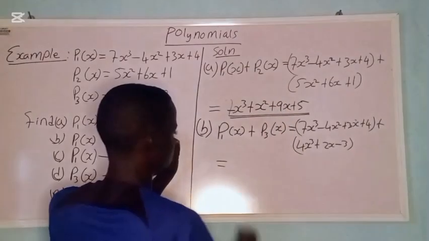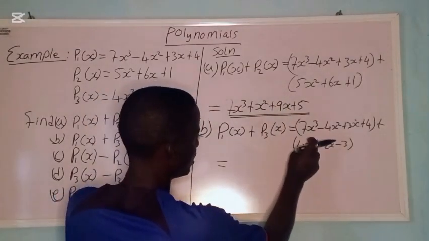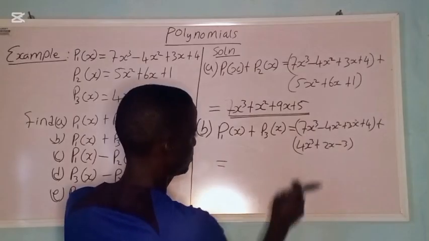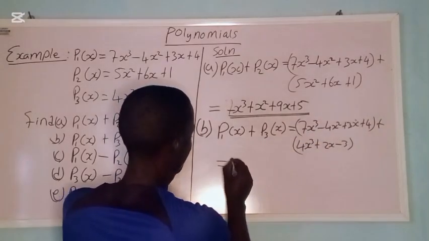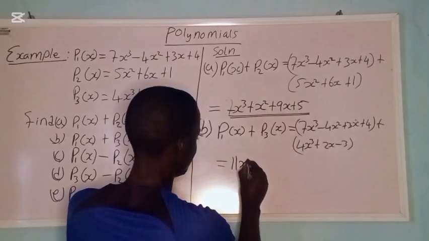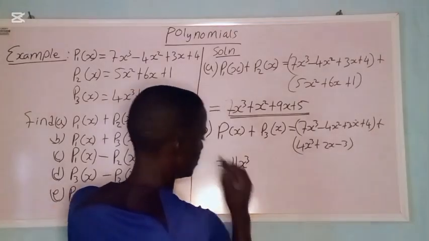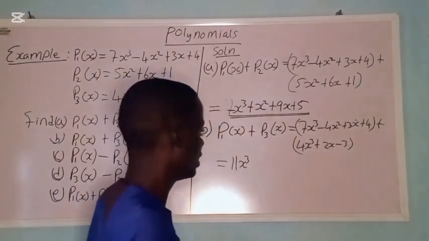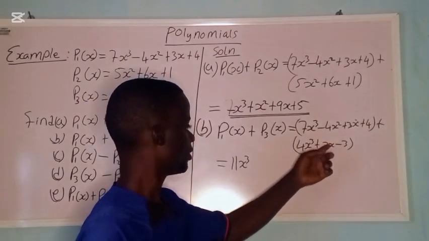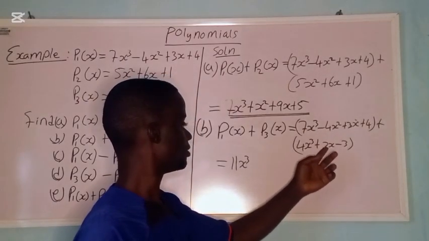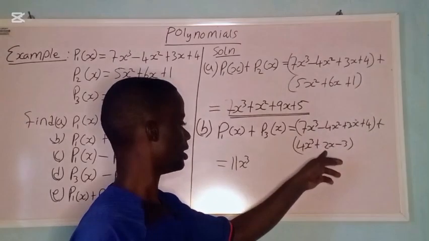So now it will be equal to. Seeing this one, the power, which is cube and cube, is the same. So we will now add it. 7x cubed plus 4x cubed will now be 11x cubed. So now let's go to the next one. If you check, you find out that there is no x squared here, only x.